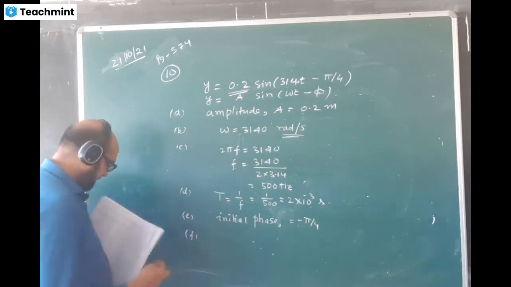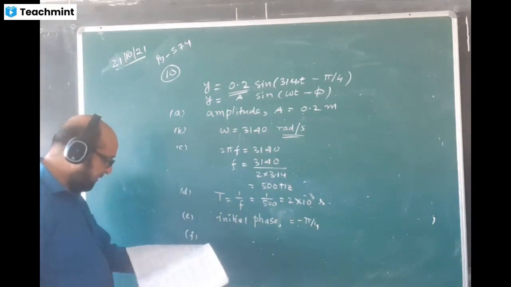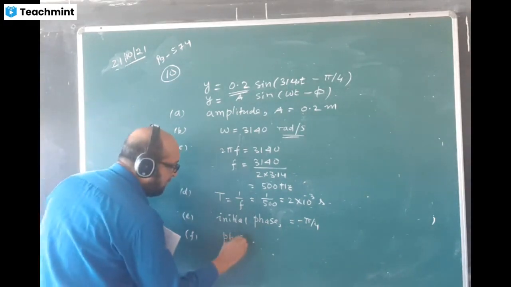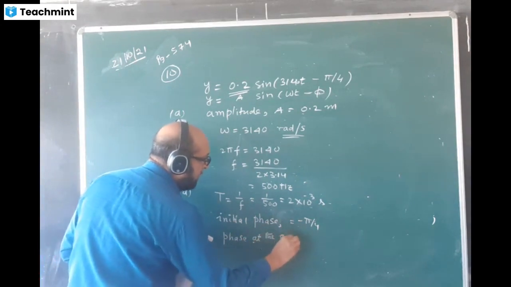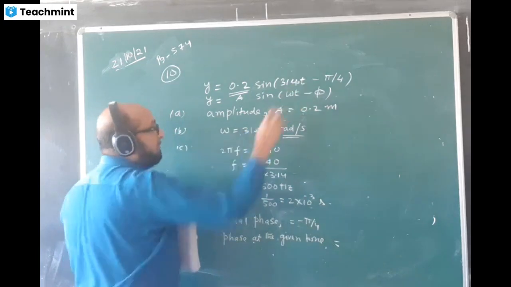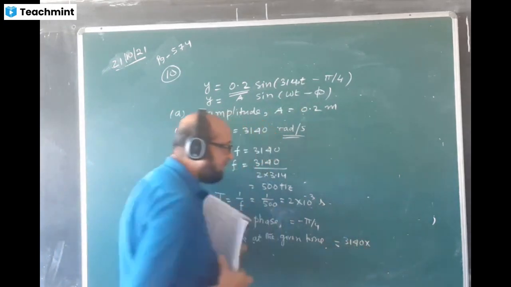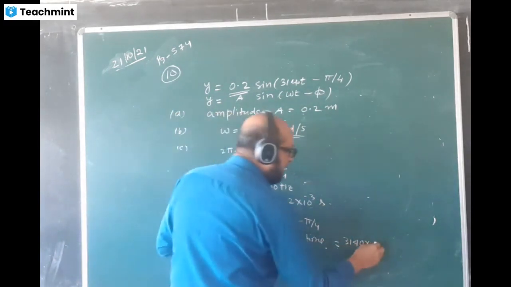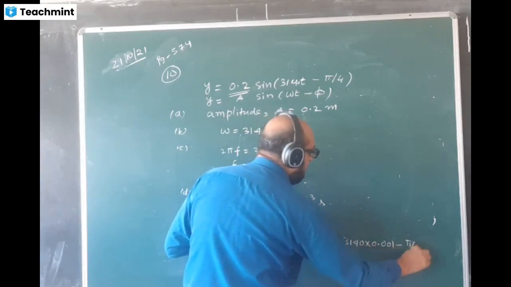Now F. Phase when time is equal to 0.001 second. Write down phase at the given time. So time value, we will put the value of time also here. We'll write like this: 3140 into time value is given 0.001 second minus pi by 4.